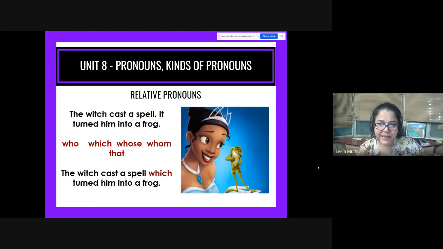Okay? The witch cast a spell. It turned him into a frog. I don't know whether you have ever read the story about the princess and the frog, or the frog prince, where a witch casts a spell on a prince because he has a terrible personality. He made fun of the witch, calling her ugly, and she got really mad at him, and she turned him into a frog and said that you should see the goodness in a person inside their heart and not what's on the outside.